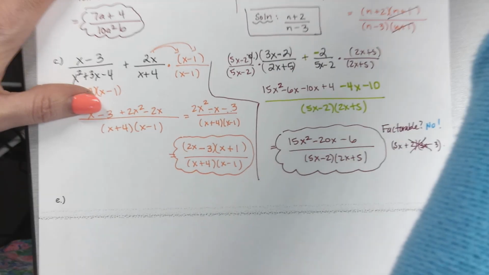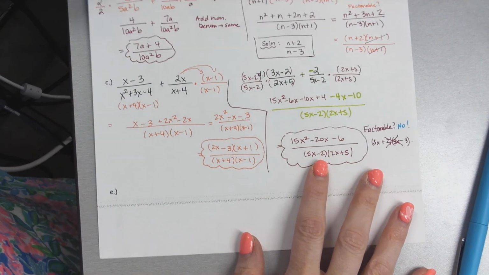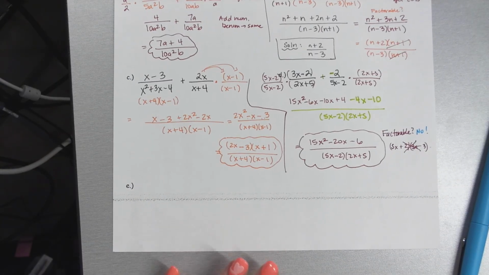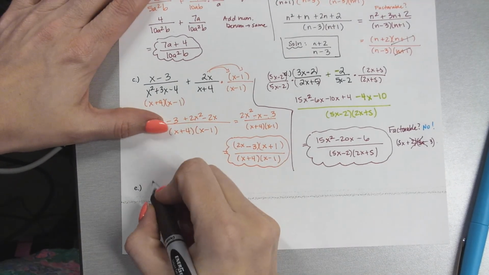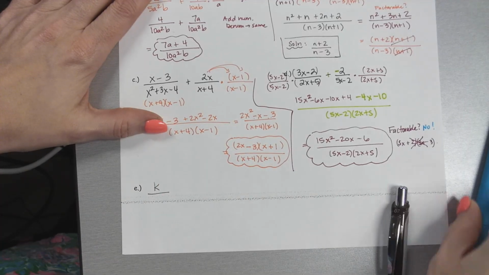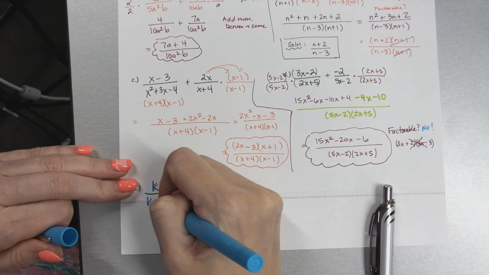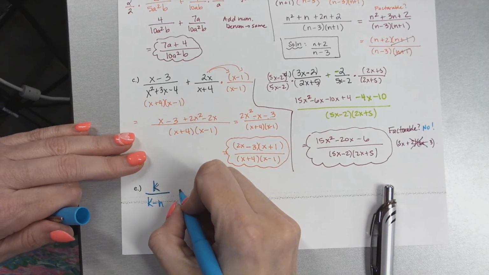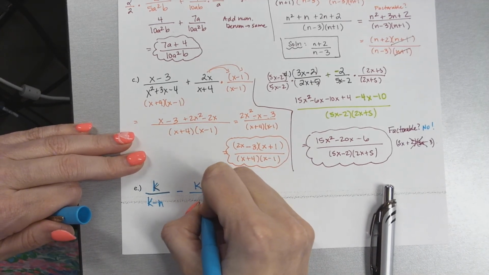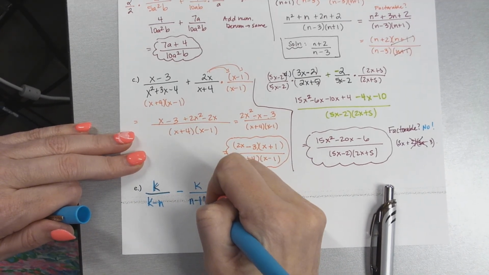All right, and then for part E, you have k over k minus n, minus k over n minus k.